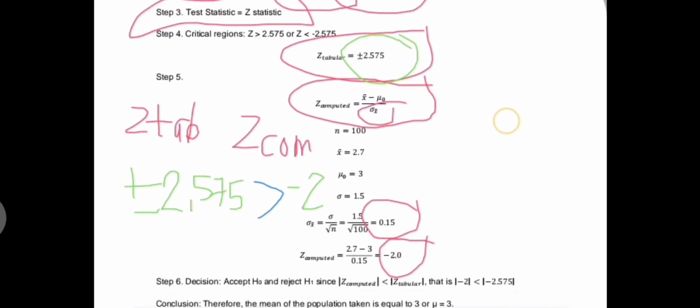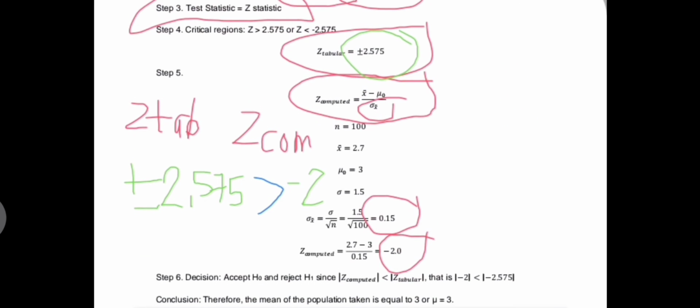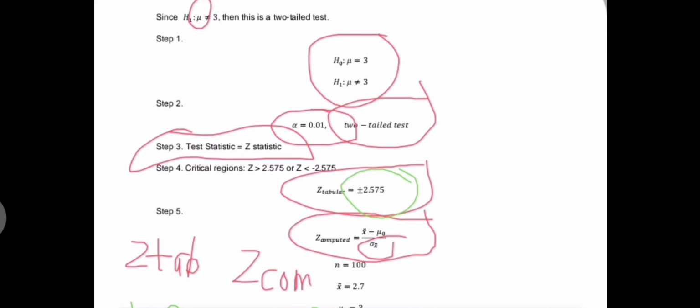We can see here in our solution that the Z tabular is greater than the Z computed, so we have to accept the null hypothesis and reject the alternative hypothesis. Therefore, the mean of the population taken is equal to 3, because our null hypothesis here is equal to 3.